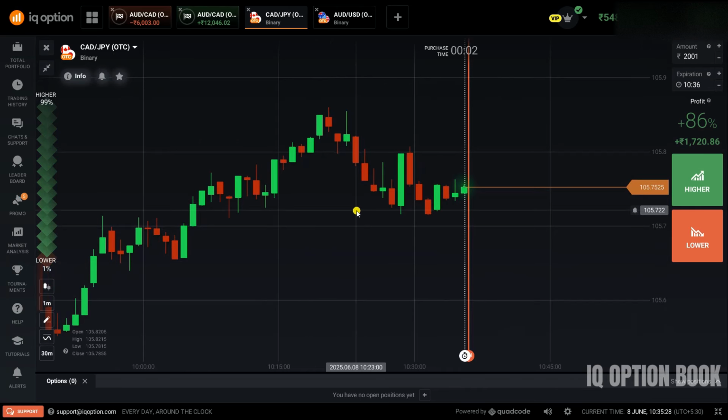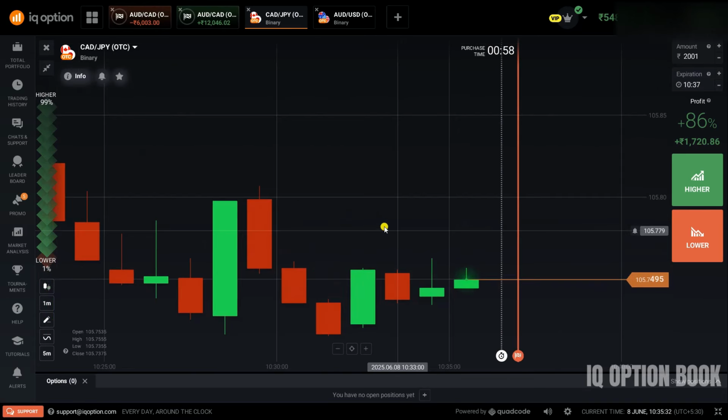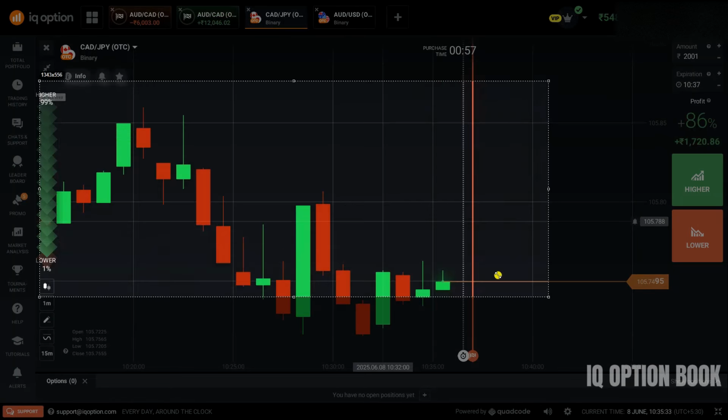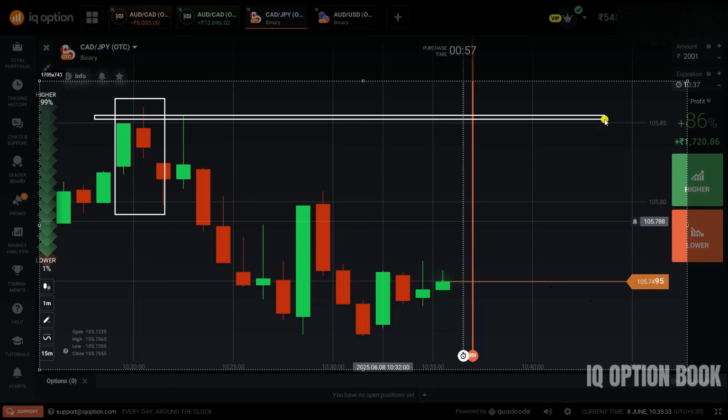So after forming a head and shoulder pattern, now let us zoom the chart, and then we will go into the detail. Look, here is a pattern called an inverted pin bar and a hammer.